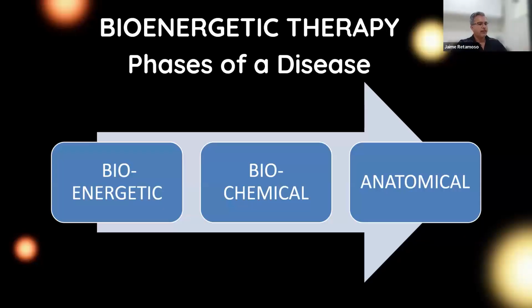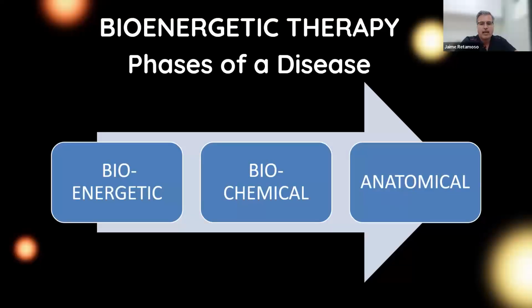For the therapy I practice, we say that there are three phases of a disease: the bioenergetic, the biochemical, and the anatomical. This is very important because when we are working in the first phase, which is the bioenergetic, we cannot give a diagnosis of a disease, okay?